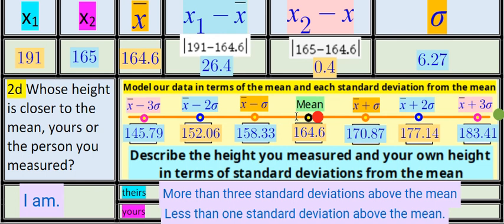And that's why we're calculating standard deviations. So if you've got 1 standard deviation below the mean or 1 standard deviation above the mean, anywhere in this entire range, that would be considered a typical value. So in this case, anything between 158.33 and 170.87 is typical for our class, unlike Mr. Brooks, who is way over there at 191 centimeters.